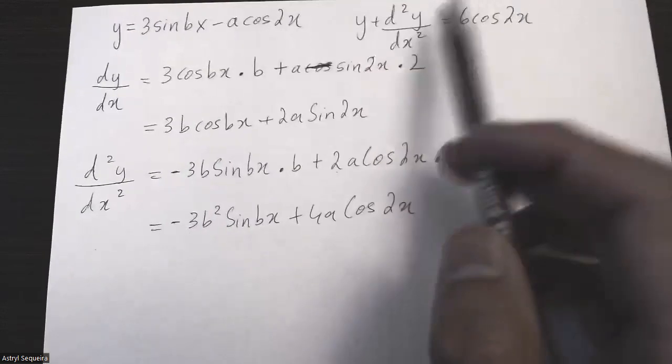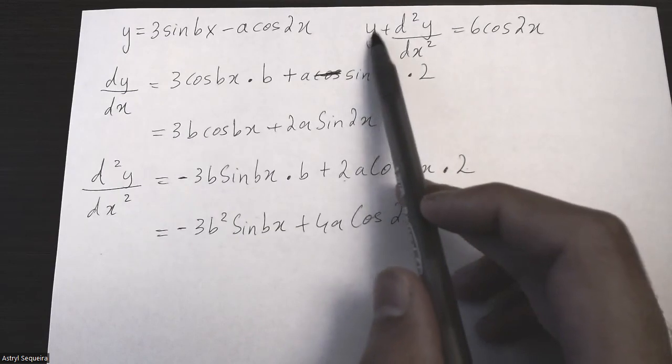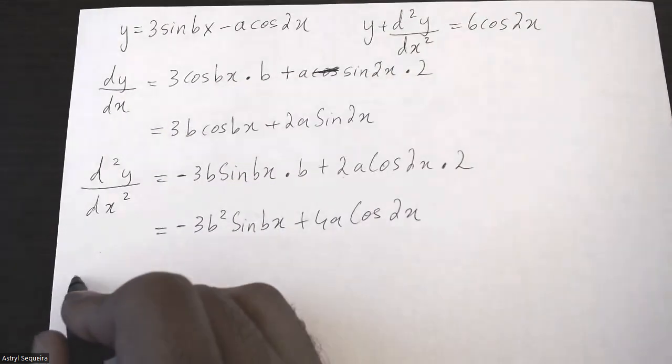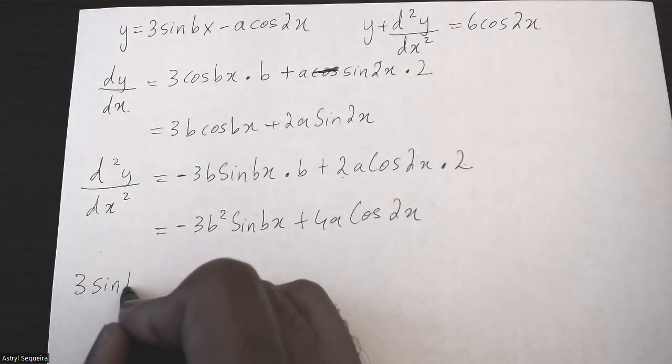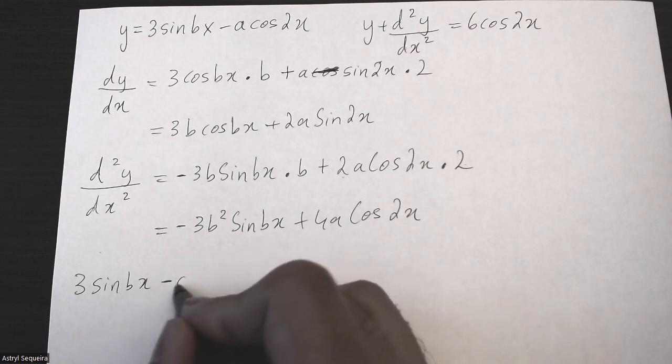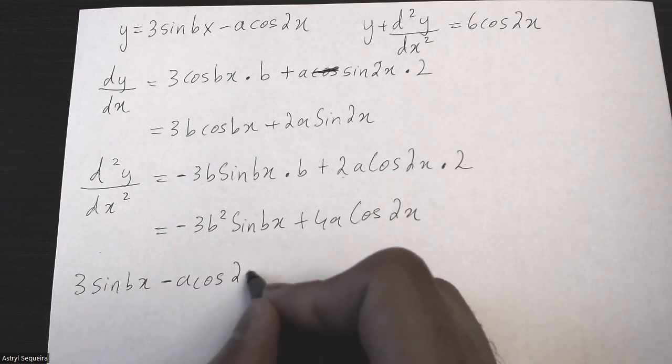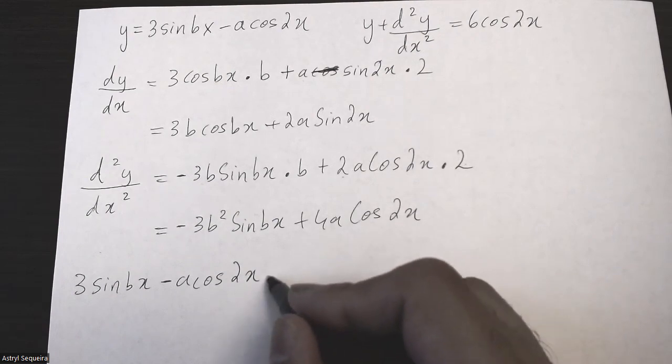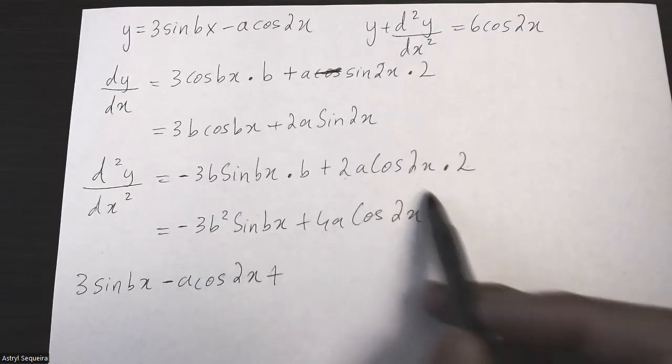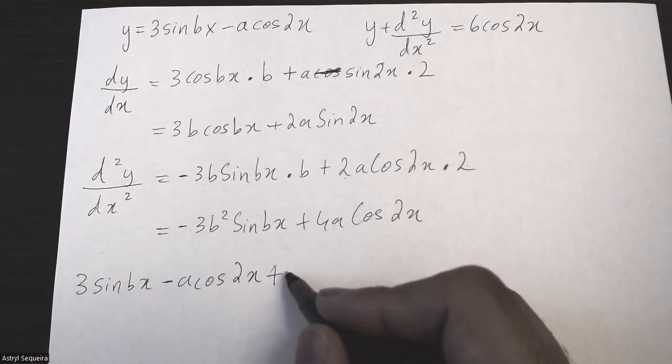Now that I have this, I'll sub this into this equation over here. I know y is just the original equation, which is 3 sine bx minus a cos 2x. And then I'm adding the second derivative, which is this over here.